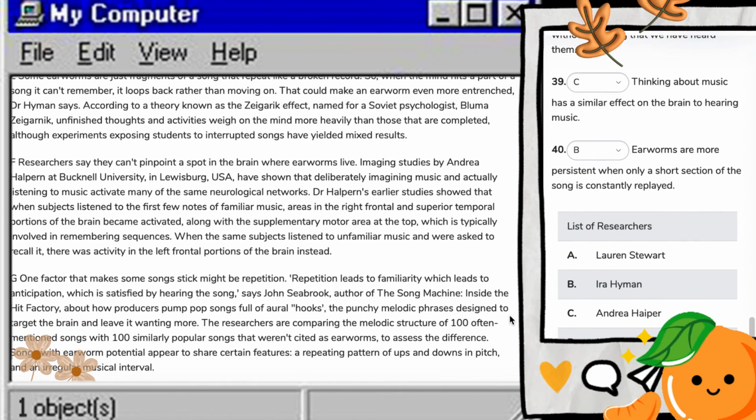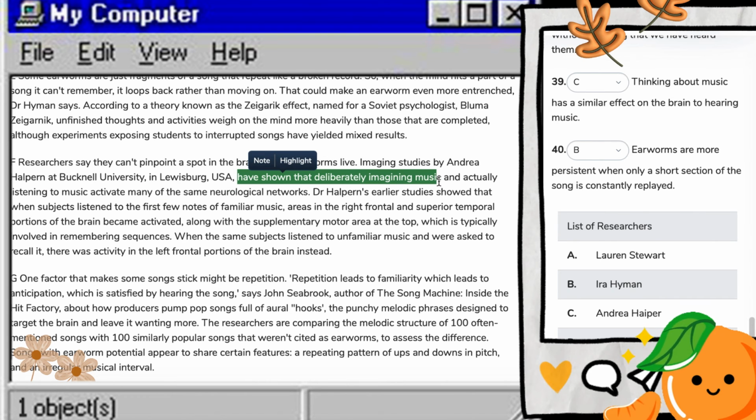Because he says that studies have shown that deliberately imagining music, so imagining music means thinking about music.